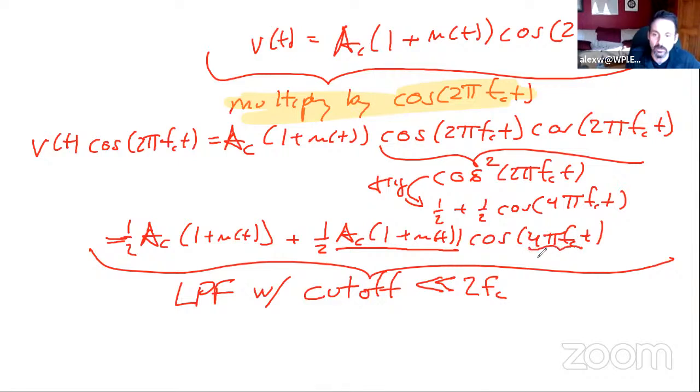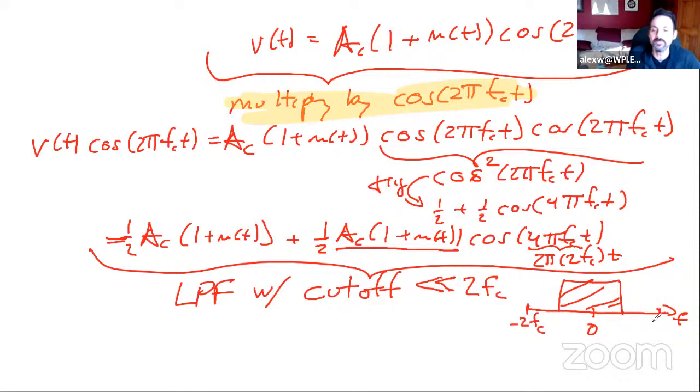This is actually 2 pi 2 FC. I've doubled the carrier frequency. So if I have a low pass filter, and my signals are at minus 2 FC and 2 FC, I've cut it out.